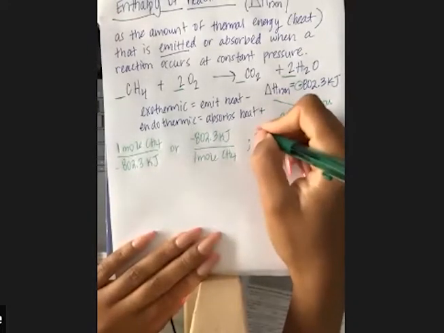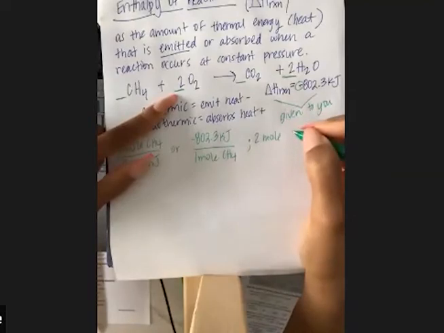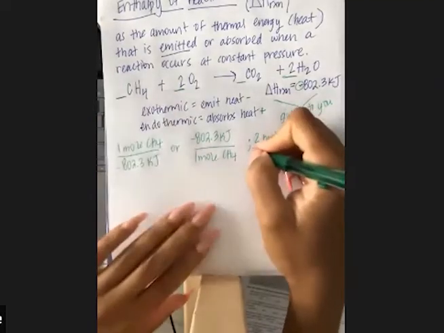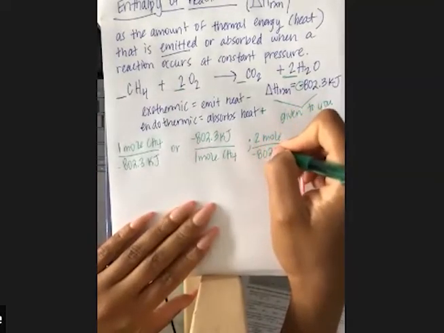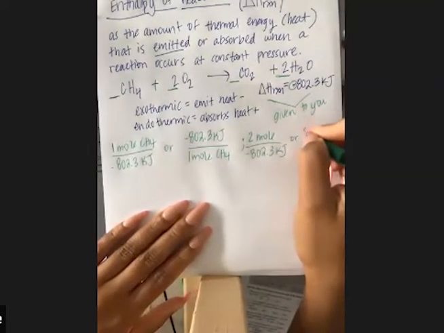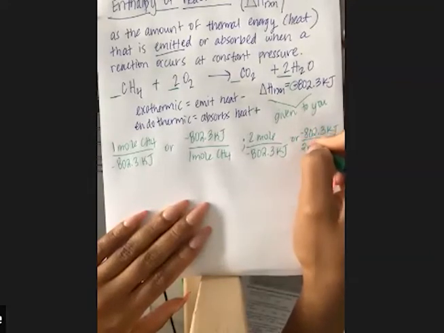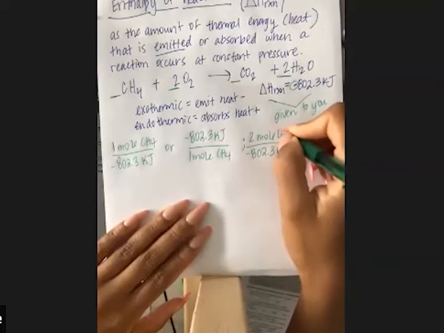We can say the same thing for 2 moles of oxygen gas. 2 moles of oxygen is going to give off 802.3 kilojoules of heat, and vice versa. We can write it this way. And I should put O2 so it's clear.